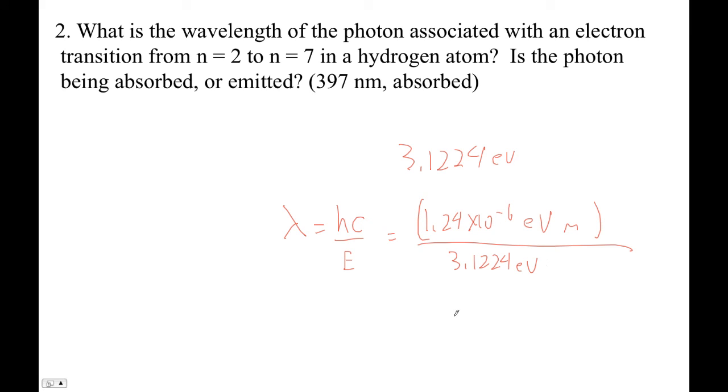I get almost the same number, 3.971 in this case, times 10 to the minus 7th meters, which is the same thing we just got. This is just a little bit shorter; we don't have to type as much. Basically, that 1.24 times 10 to the minus 6 electron volt meters is hc over little e, the electron charge.